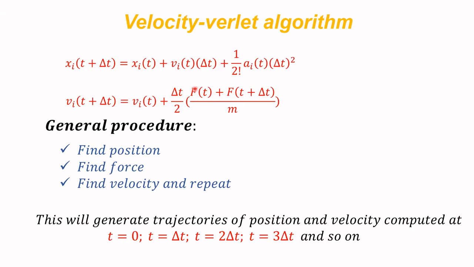This is the most complex part. To calculate the forces here, we have to use the equation that we discussed at the start of the lecture, that the force depends upon the interaction potential that exists between the particles.